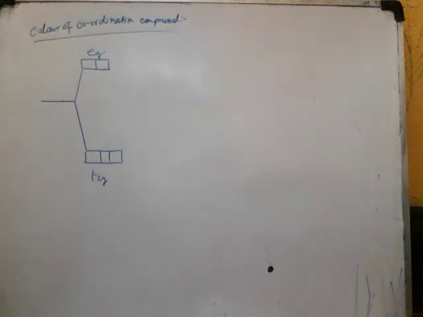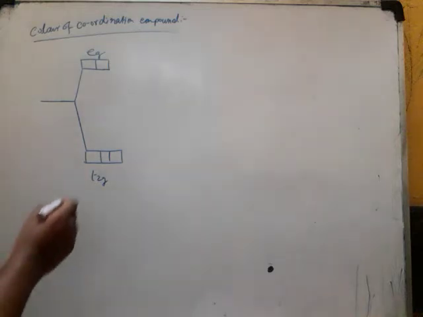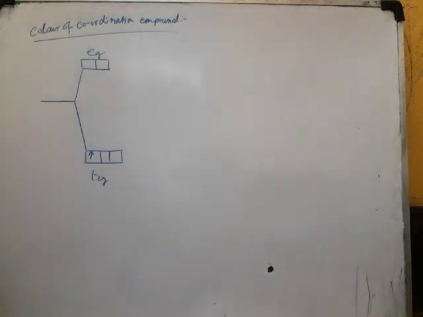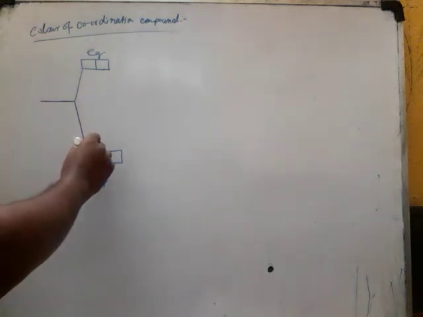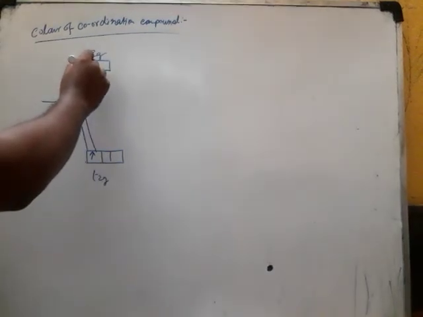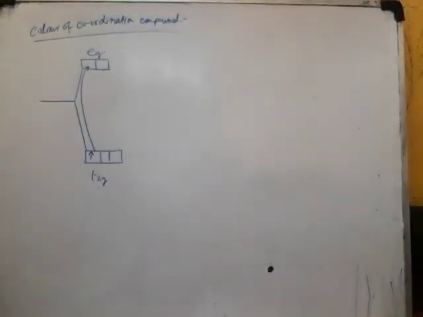Suppose in one of the complexes the central metal atom contains at least one d electron. If one d electron is present, after splitting this d electron goes to the T2g set. T2g সেটে এখানটায় ইলেকট্রনটা অবস্থান করবে। Then by absorbing proper energy, this T2g electron goes to the Eg energy level.